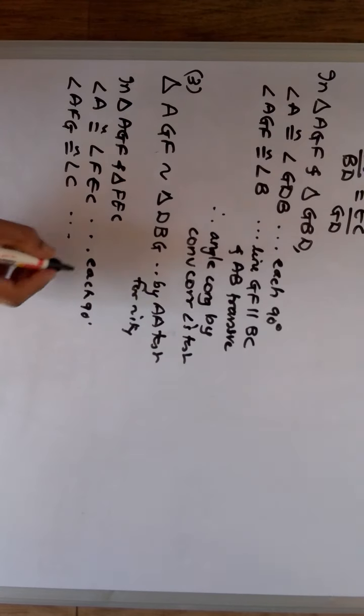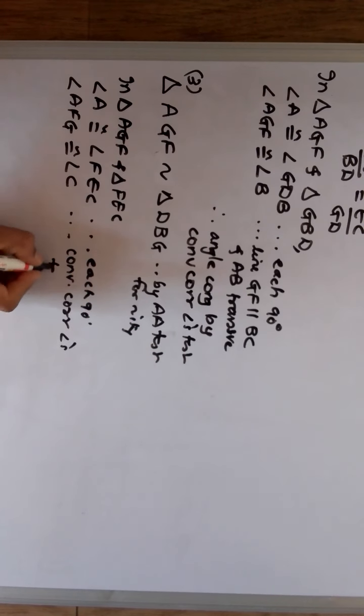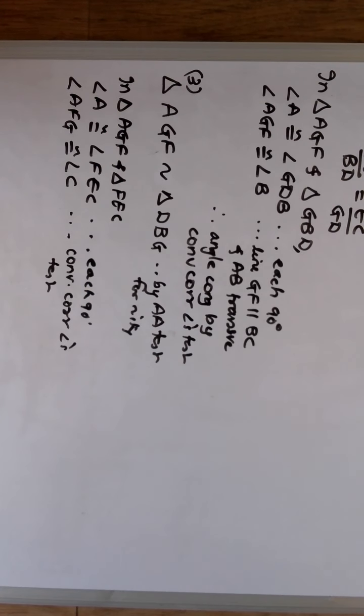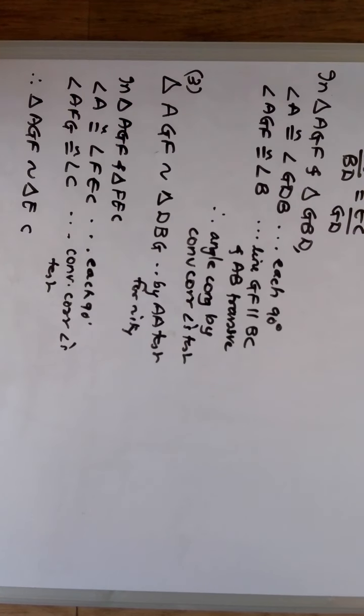So this is your converse of corresponding angles test, right? So therefore triangle AGF is similar to, now A goes with E, F goes with C, only one remains, that is G, that is EFC.